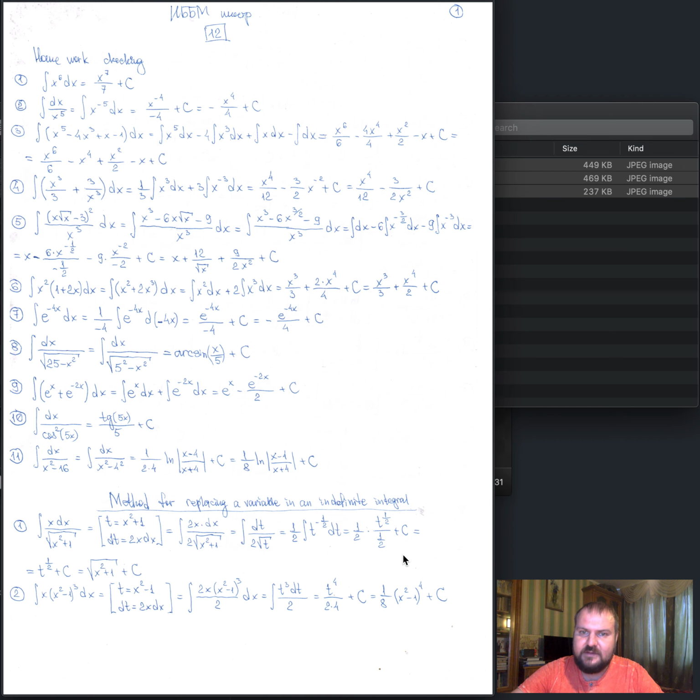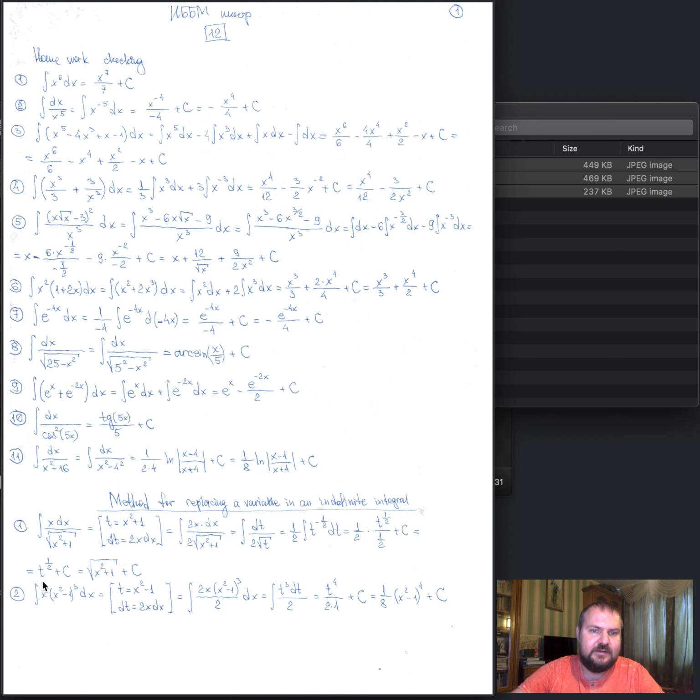We calculate this integral, it would be 1 by 2 multiplied by the fraction t to the power of 1 half divided by 1 half plus a constant. And here we need to make the inverse replacing of variables from t to x.